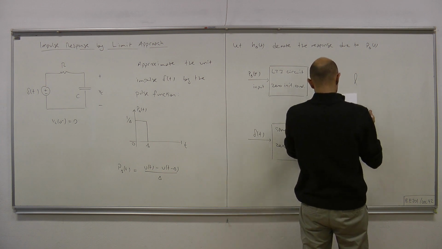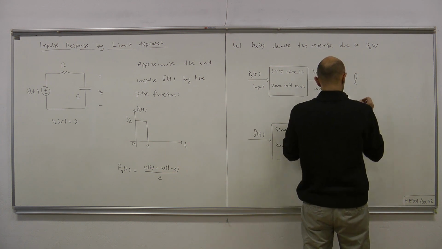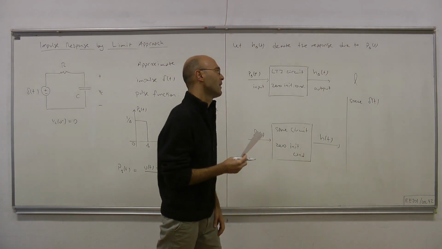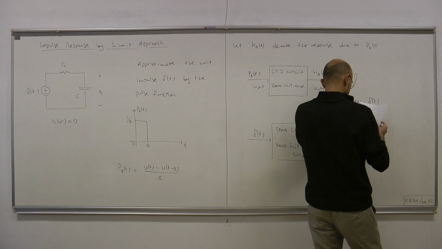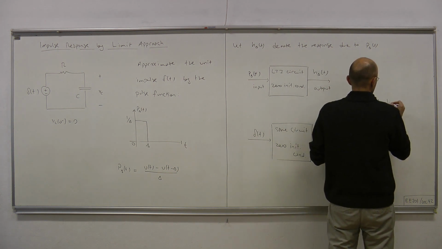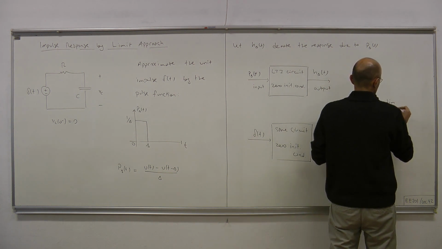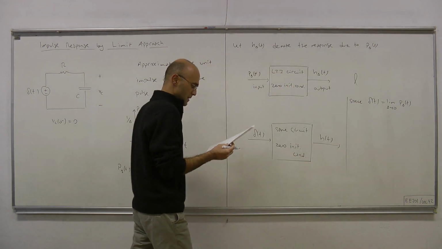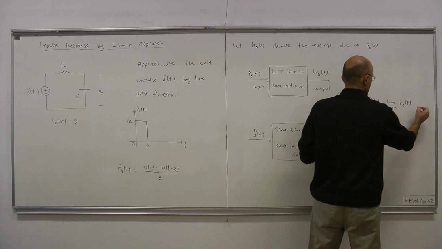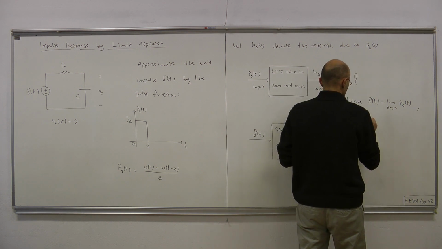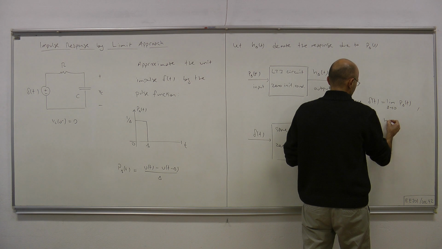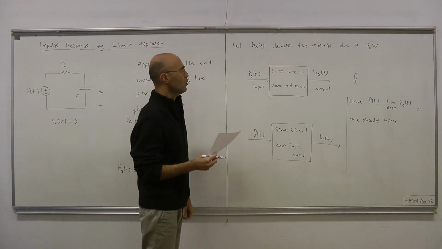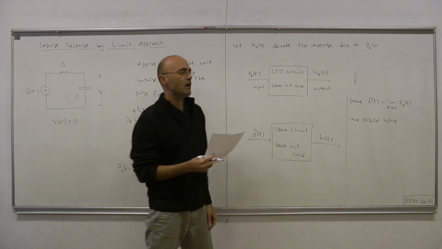Since one way to describe the delta function is the limit as delta goes to 0 of this pulse, delta of t, we should have the same relation hold between the respective outputs.